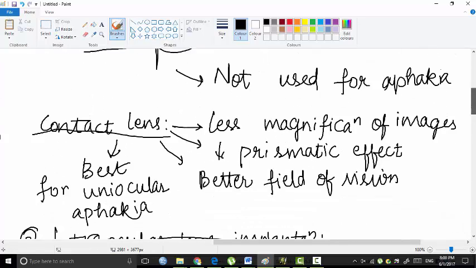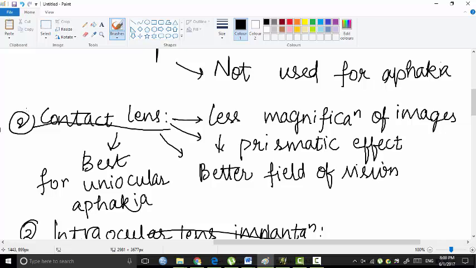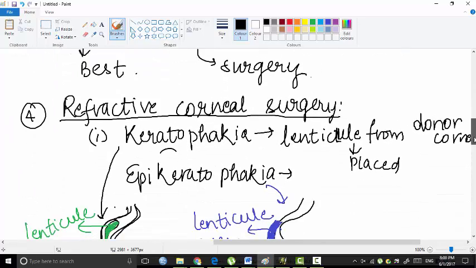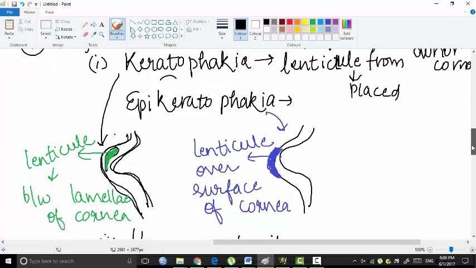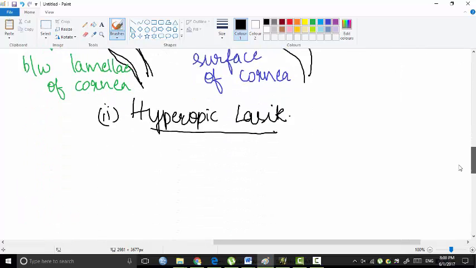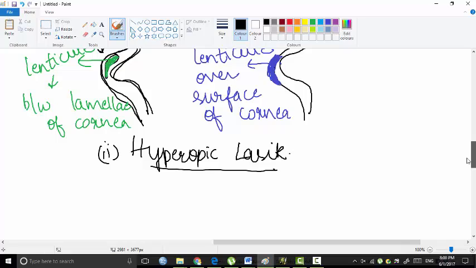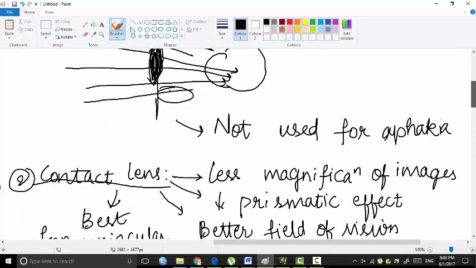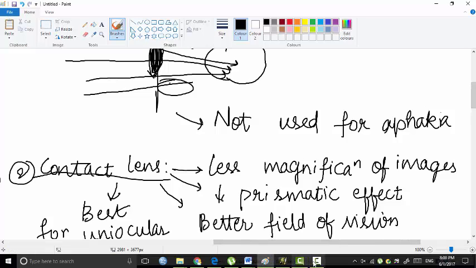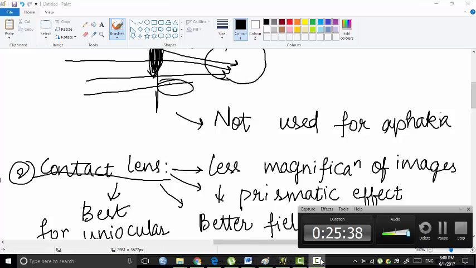Next, the use of intraocular lens implantation, and we can also use refractive corneal surgery. In that we can do either keratophakia, epikeratophakia or hyperopic LASIK, that is laser therapy, which is really very common nowadays. So all these are the major things for aphakia. If there are any mistakes, please try to rectify me.